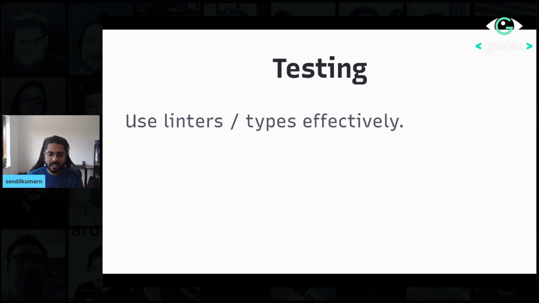And linters help you: next time there is a code style issue in your diff or pull request, make sure that you have linters for them rather than telling the developer, oh, you missed a space or an empty line. Put a linter for that and do everything programmatically rather than coming back and fixing things later. Linters and types effectively reduce the number of test cases you have to write. You can do that with those two things.